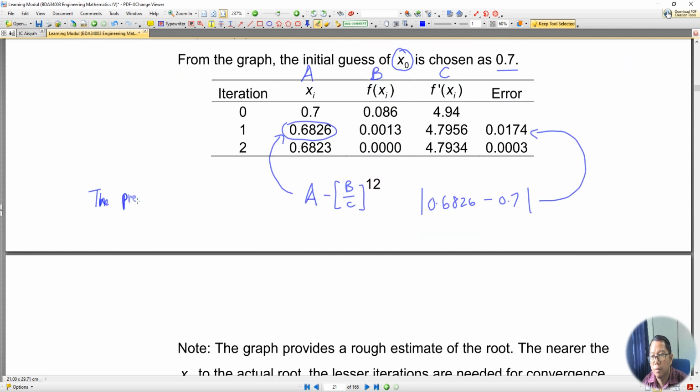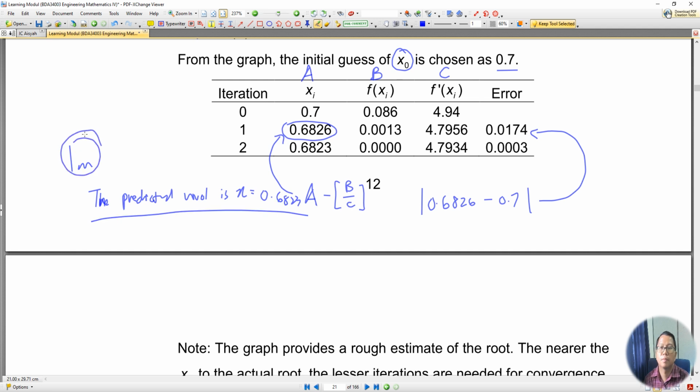So the predicted root is x equal to 0.66823. That is 1 mark.